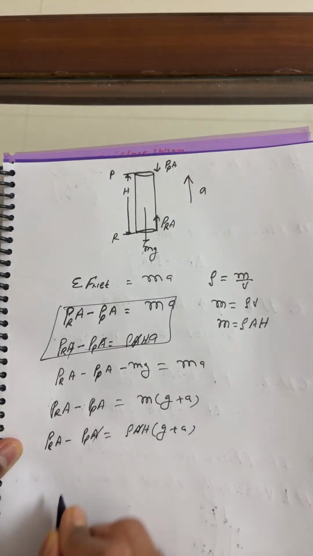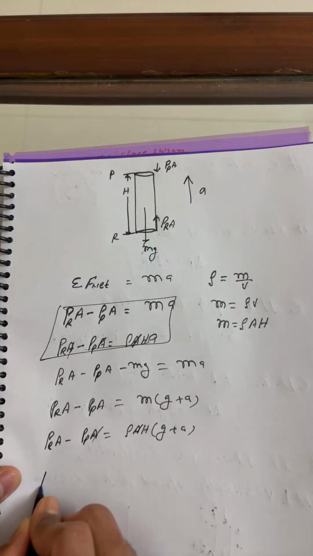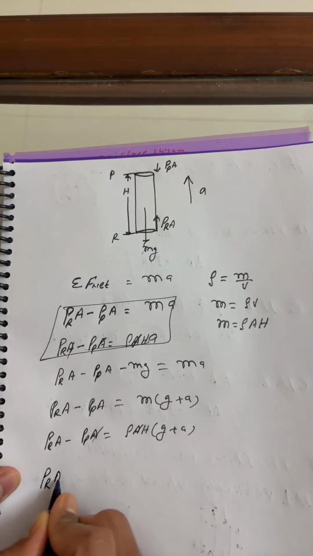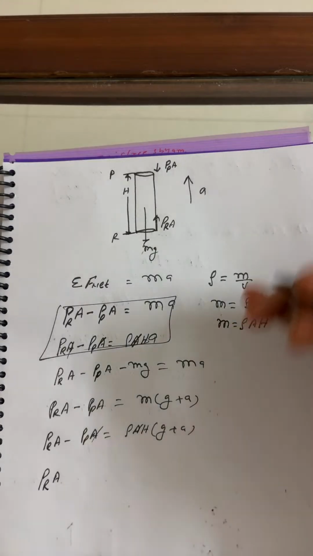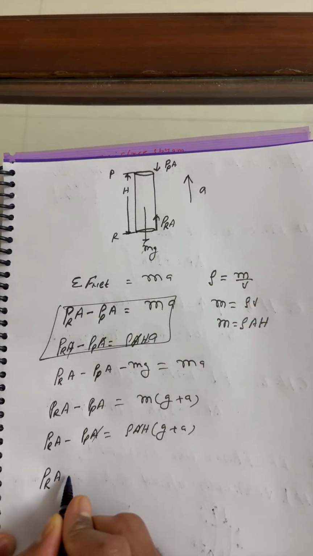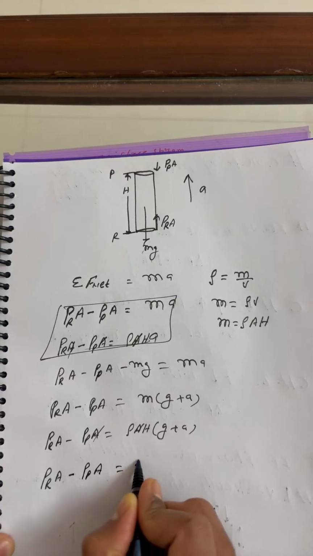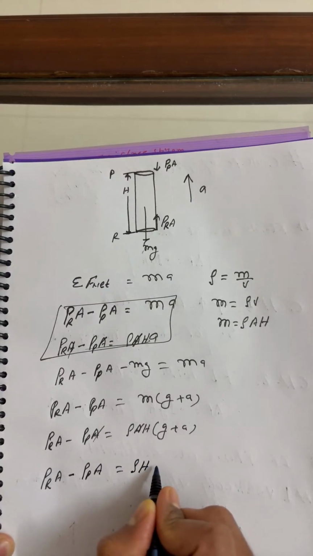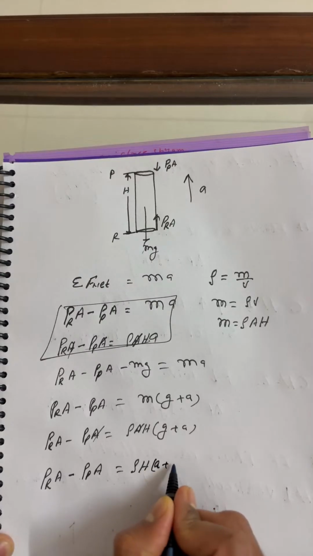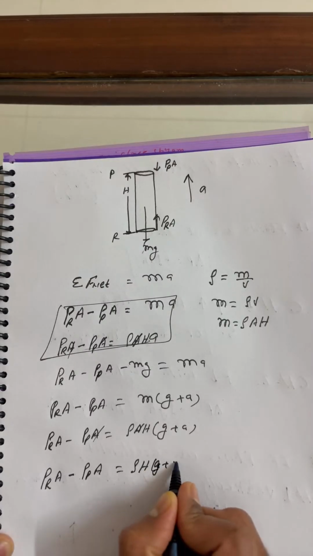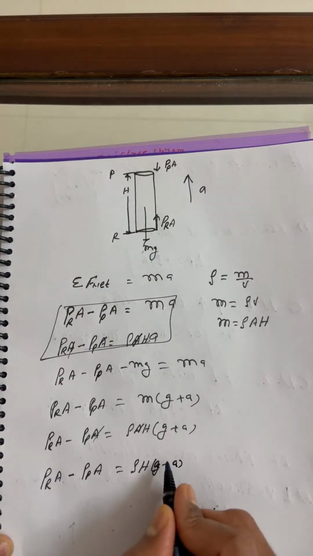You can see this A cancels. So what is the pressure difference you can write if the container moves in upward direction? P_R into A minus pressure at P into A is equal to rho h into (a plus g), or g plus a.